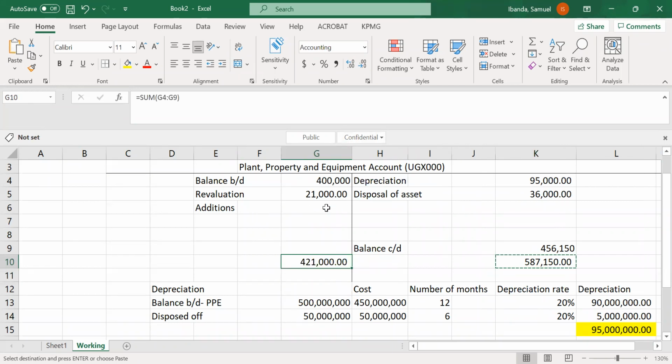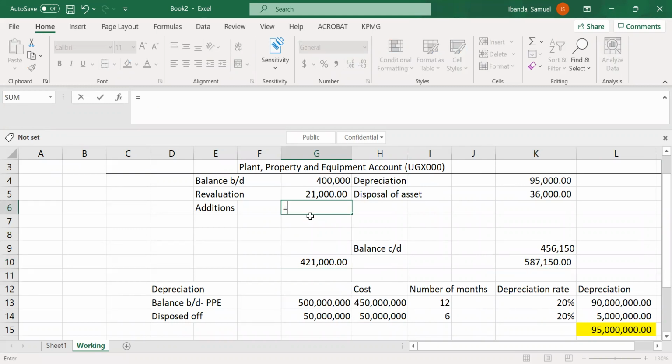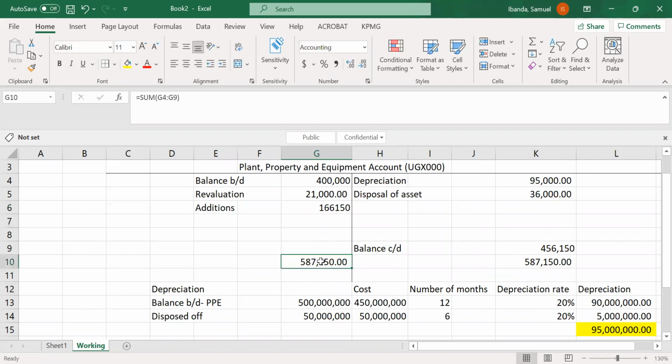So I'm going to have my additions be the difference, which is just 587,150 minus 4,100, so that my two accounts are able to balance.